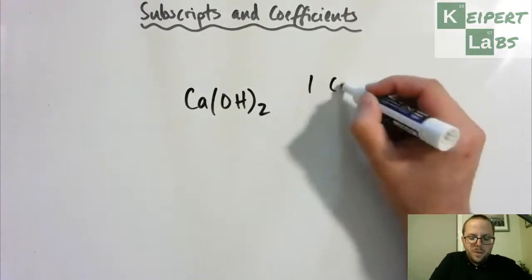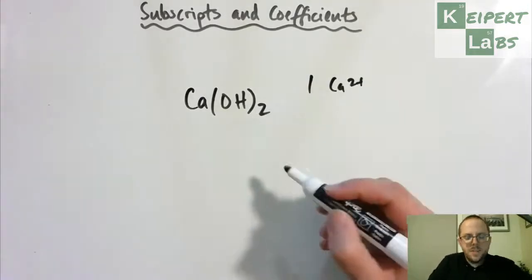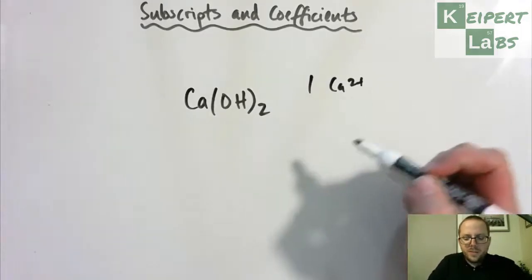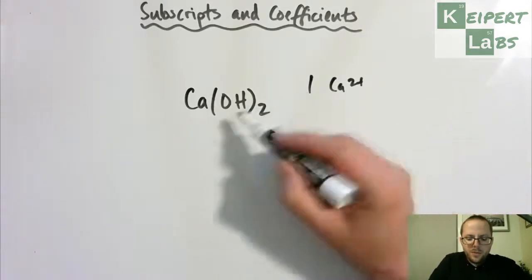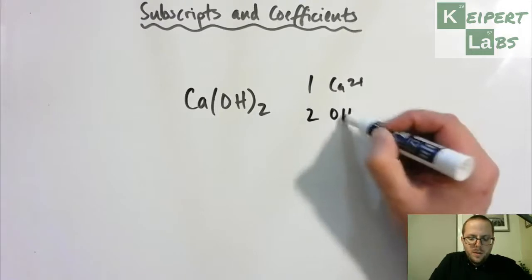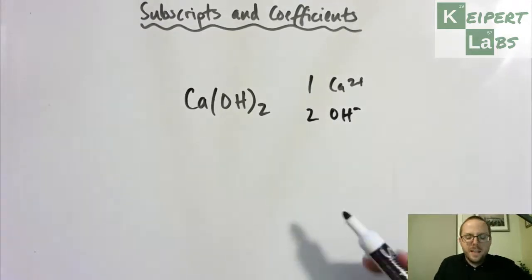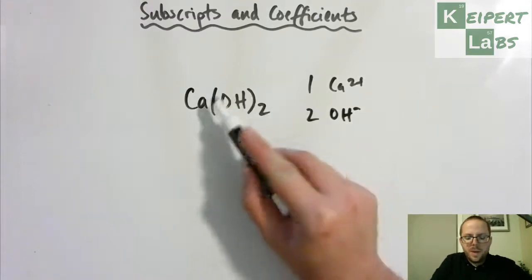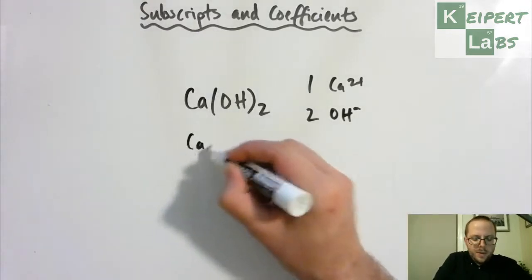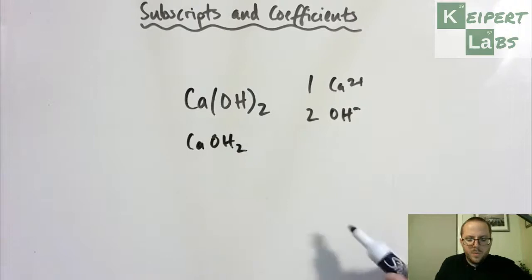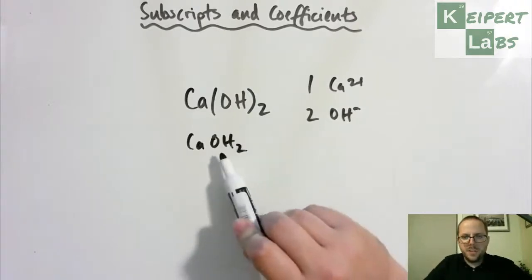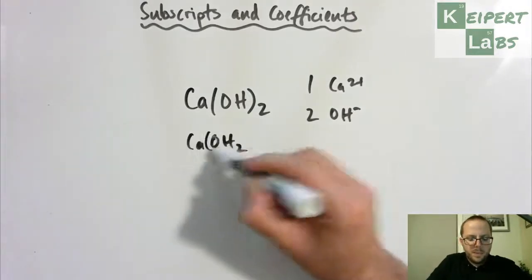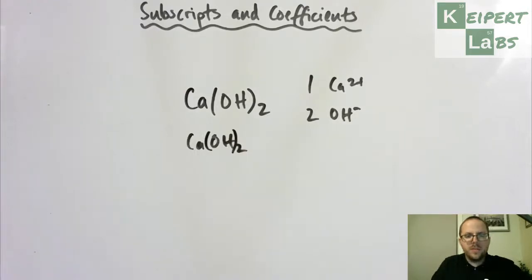So we recognize that this is an ionic substance, we've got one calcium 2+, and then we've got 2 lots of the hydroxide ion that is in the brackets. The subscript here refers to this thing, and then we keep the brackets to show that, if we had written it like this, then we would imply we'd have 2 hydrogens but only 1 oxygen. But by using the brackets, we've got 2 lots of both of those things.